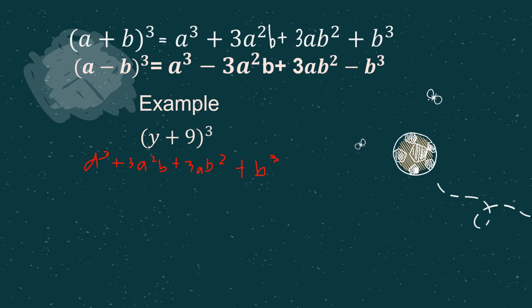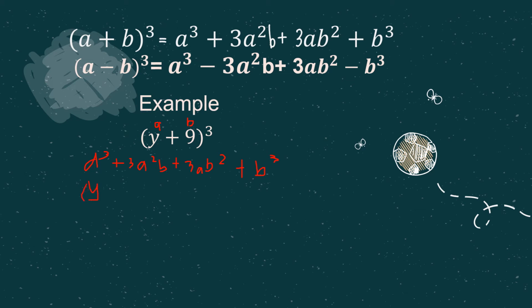So next, you have to identify which is your A and which is your B. Like I said earlier, the first term is your A and the second term is your B. If you already know your A and B, you need to substitute now. So your A is y.